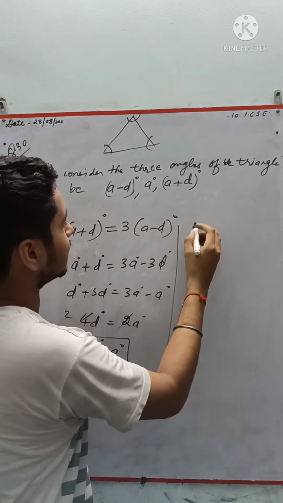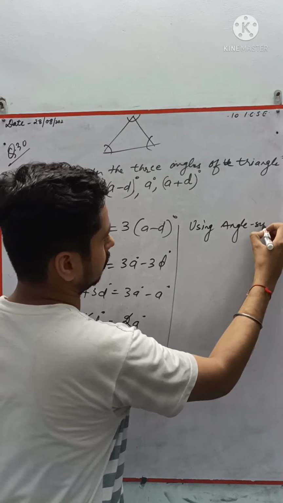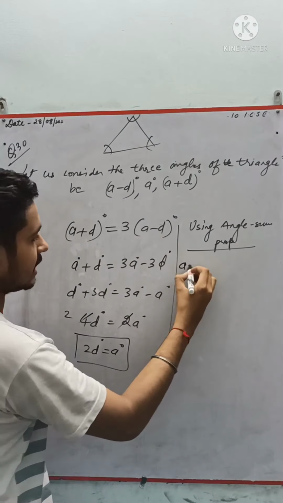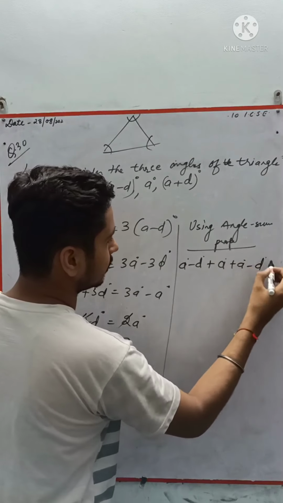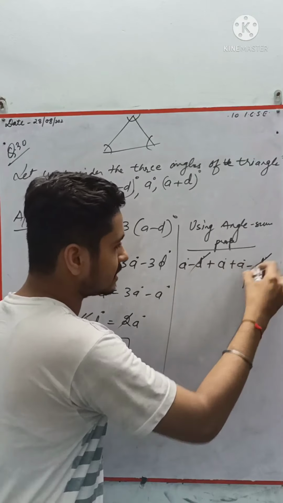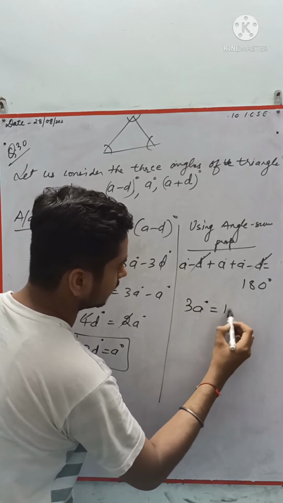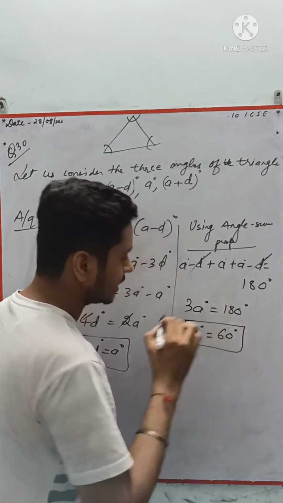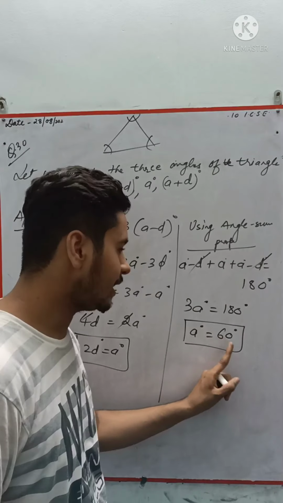So using the angle sum property, A minus D plus A plus A plus D is equal to 180 degree. So minus D and plus D cancelled. A plus A plus A, 3A equal to 180 degree. So A we got 60 degree.